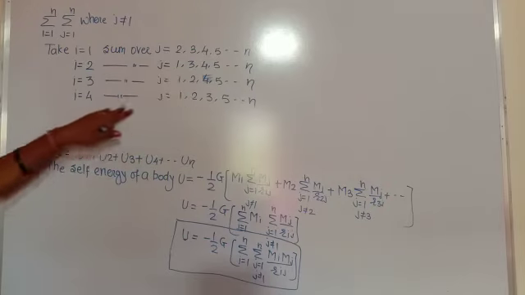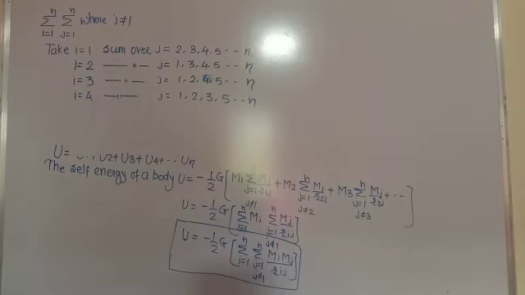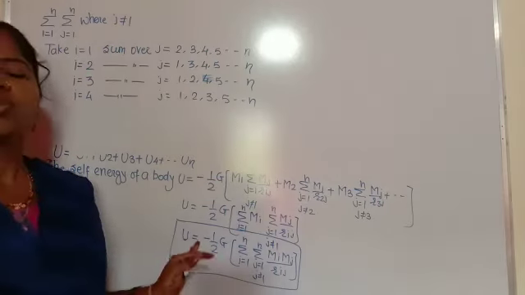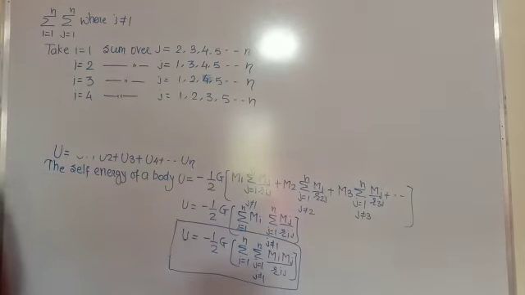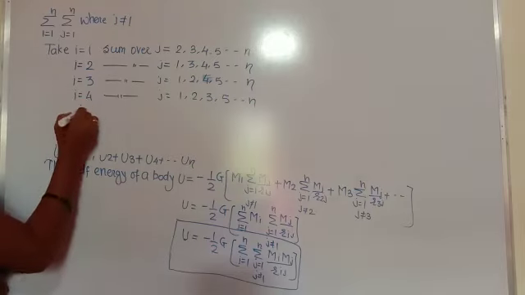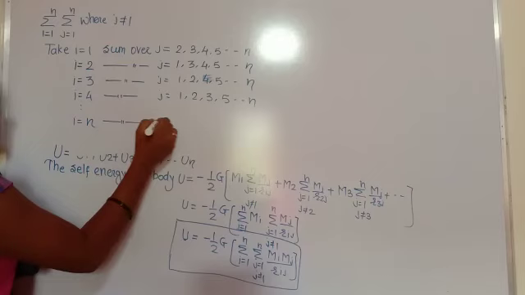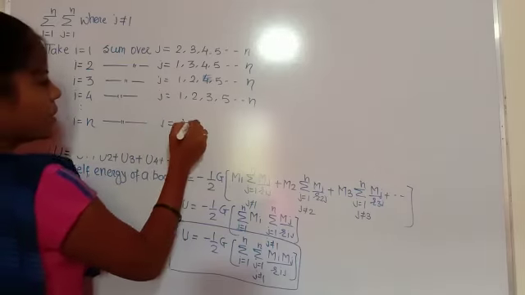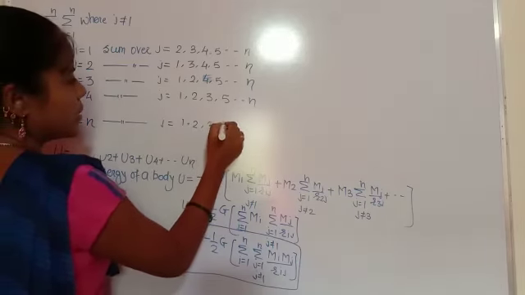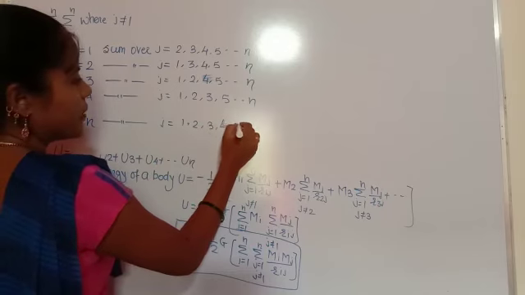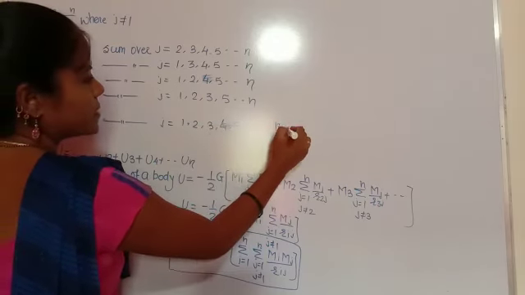So that type of double summation notation is what it means. This continues up to i equals n, where we sum over j equals 1, 2, 3, 4, 5 up to n minus 1.